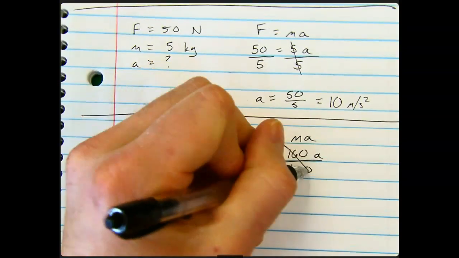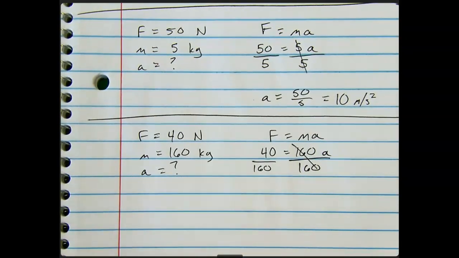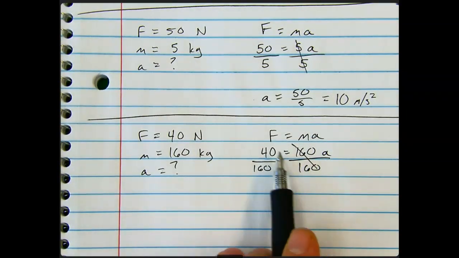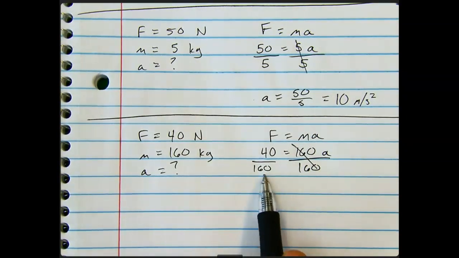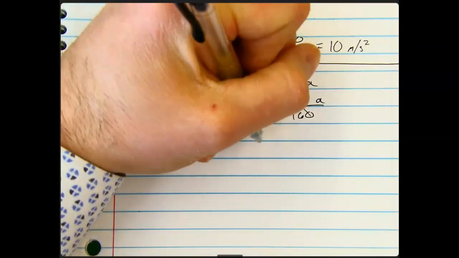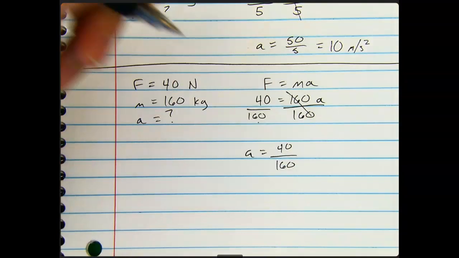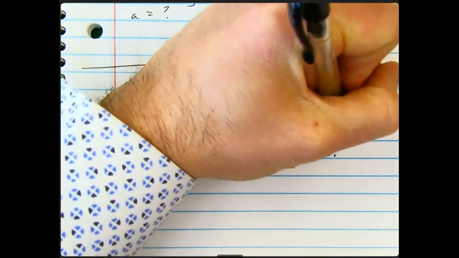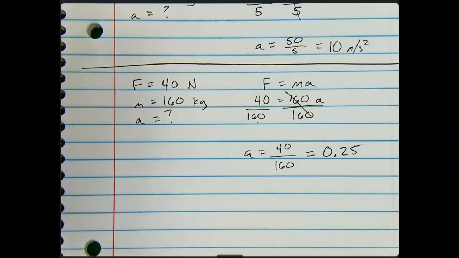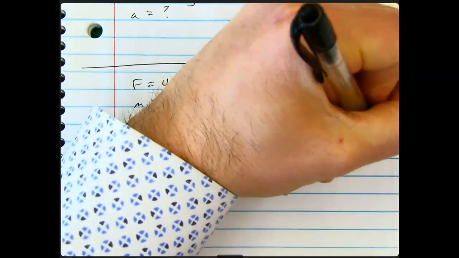And it cancels out. So now I'm just left with A is equal to 40 divided by 160. Using a calculator if you want to, that comes out to 0.25 meters per second squared.